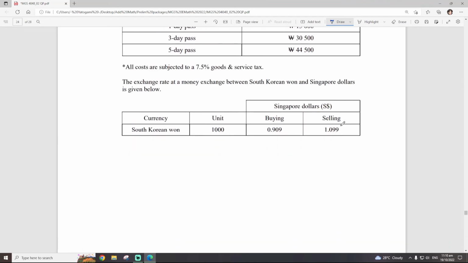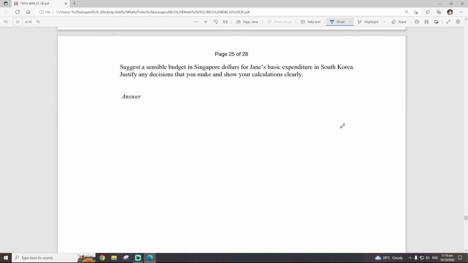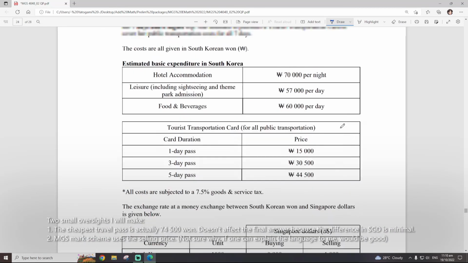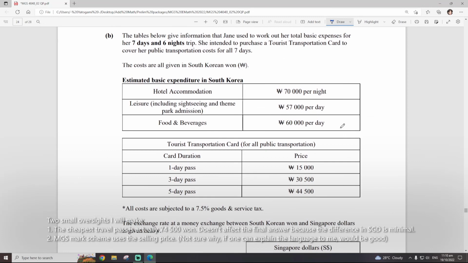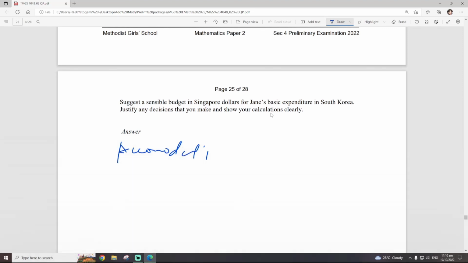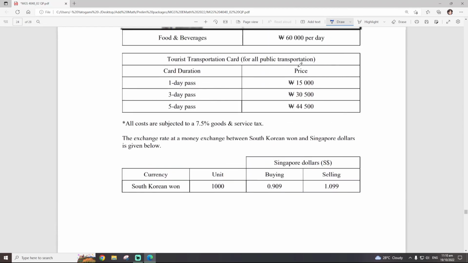Exchange rate is this. Sensible budget in Singapore dollars. So she's paying for hotel accommodation. So hotel accommodation is 420,000 Korean won.